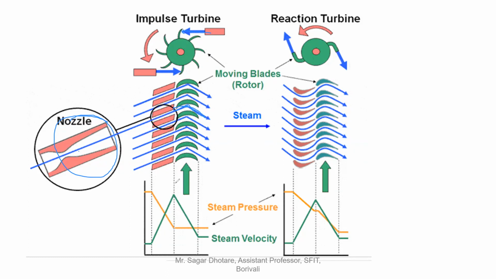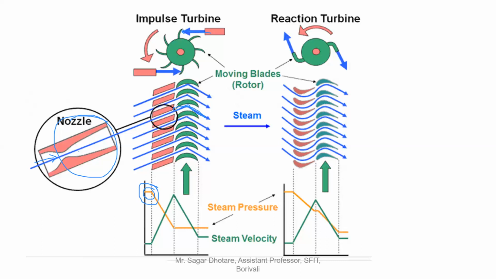Now here you can see that when the steam enters the nozzle, the pressure drops and the velocity increases. That is very important. In the initial stage, when steam passes through the nozzle, the pressure drops and the velocity increases.